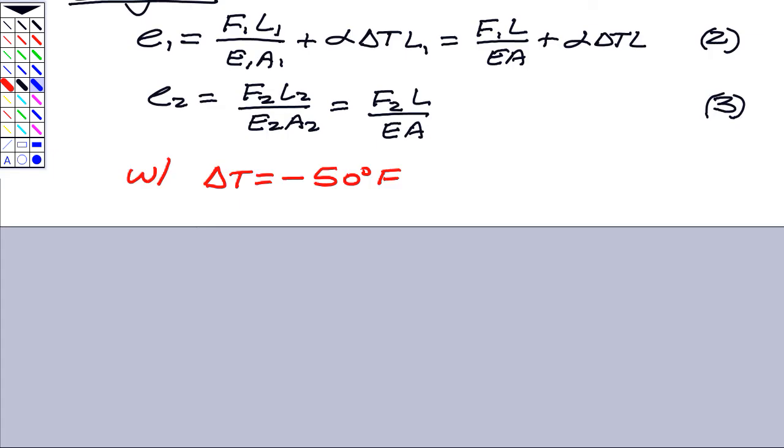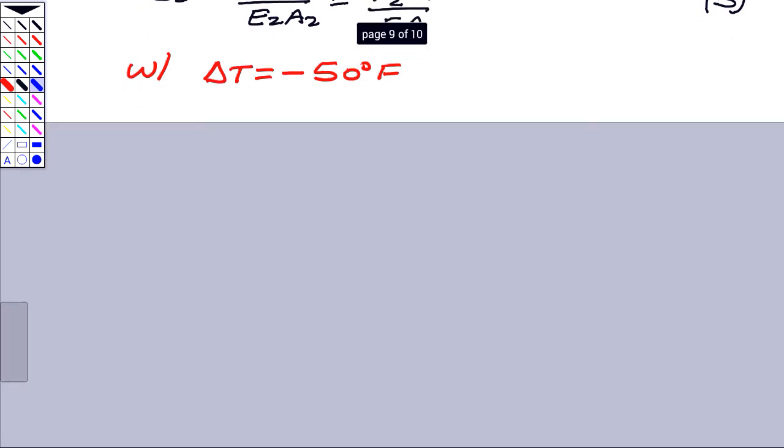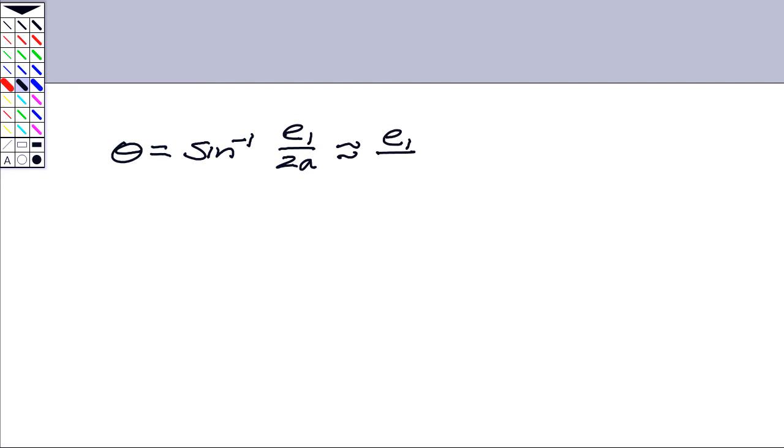That theta, for small angles of rotation here, is going to be the inverse sine of delta 1 over 2a, and for small angles, which is what we're supposed to consider here, the angle and sine of the angle are one and the same.